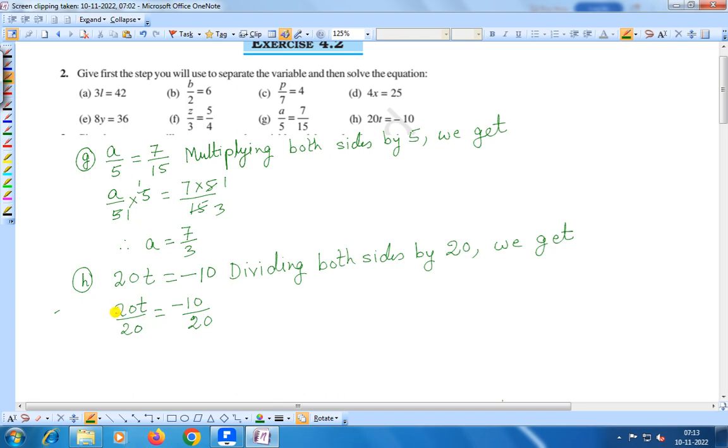Now 20 1s are 20, that is 1 and 1, and this 0 will be cut. Therefore you can say that t is equal to minus 1 by 2.